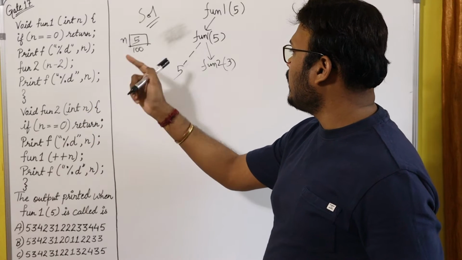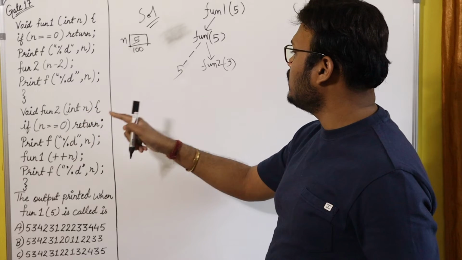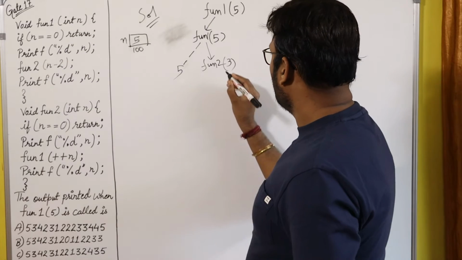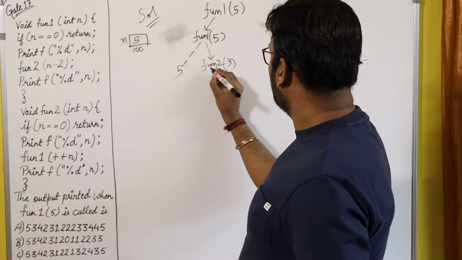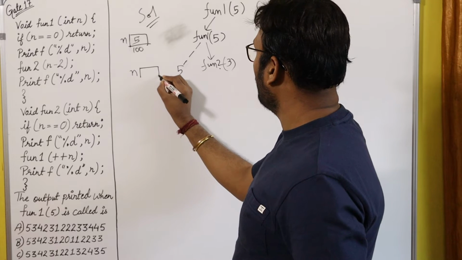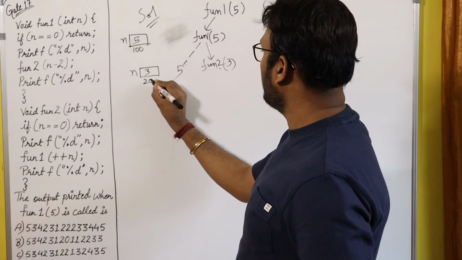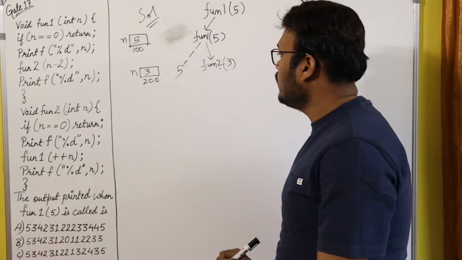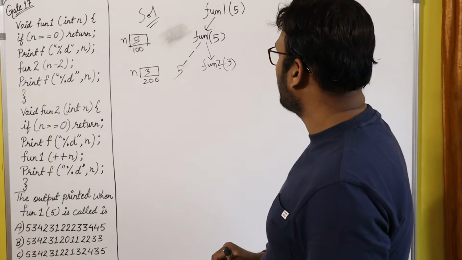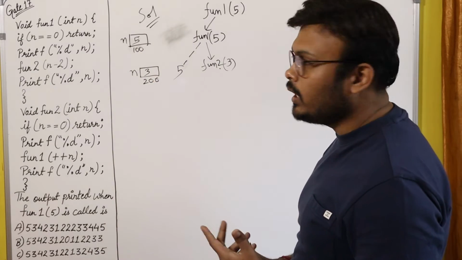It will have a different address from the earlier n, because both are different. So this n receives the value 3 and its address is 200. This n is for function 2, and that n is for function 1. So I am writing correspondingly.